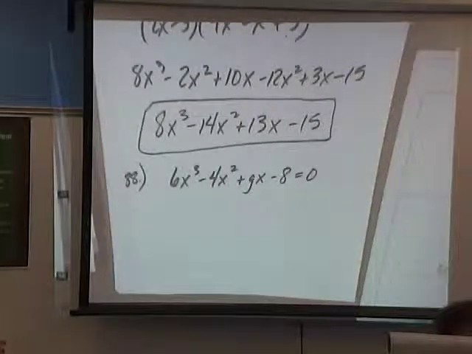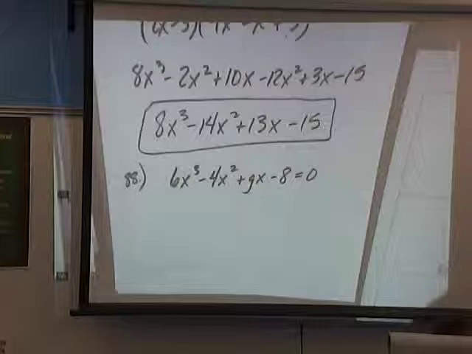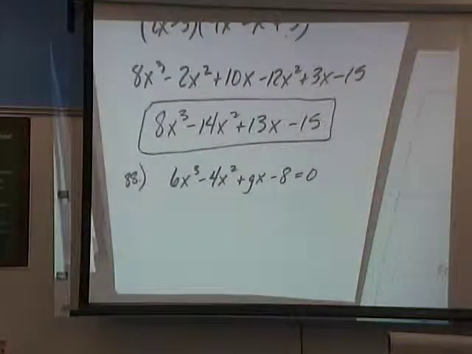Synthetic division, with those fractions? Look at our answers. What kind of numbers are those? If we were to classify the answers, they're real, and to be more specific, rational numbers.